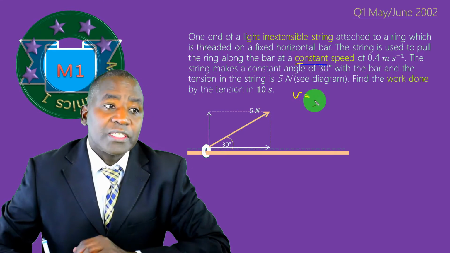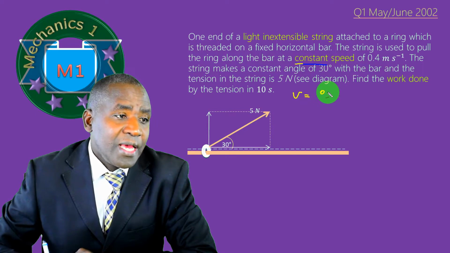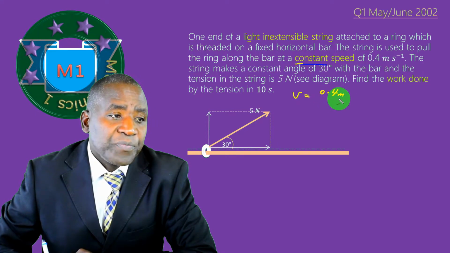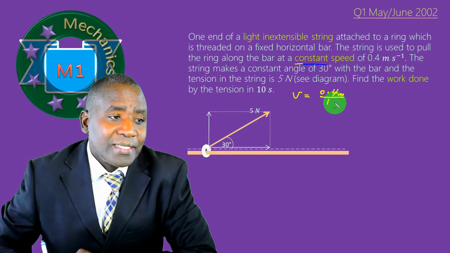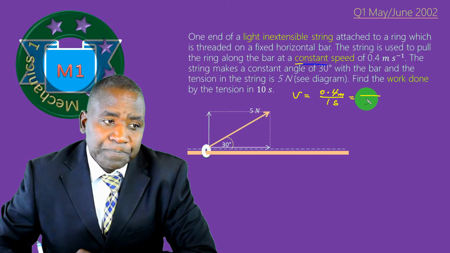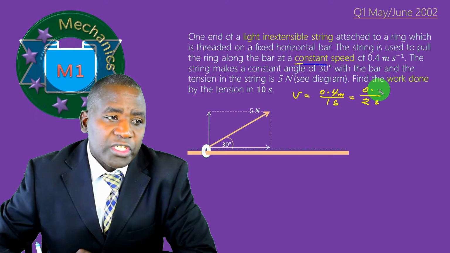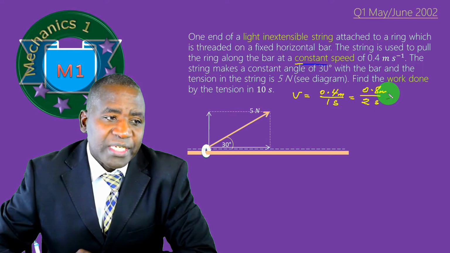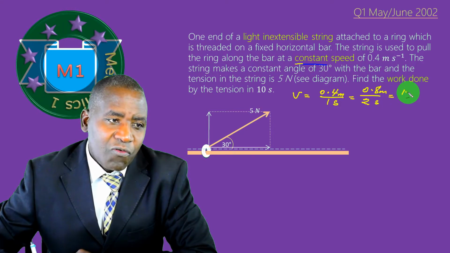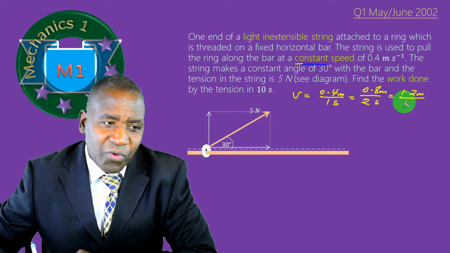In other words, when you're given a speed of 0.4 meters per second, it means that this object covers a distance of 0.4 meters in a time of 1 second. So in 2 seconds, it will cover a distance of 0.8 meters. In 3 seconds, it will cover a distance of 1.2 meters, and so forth.